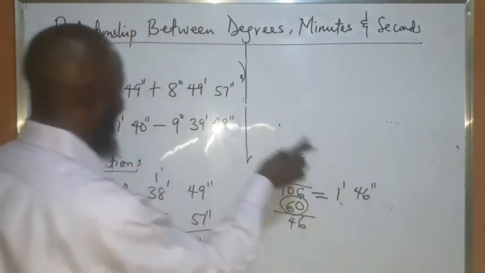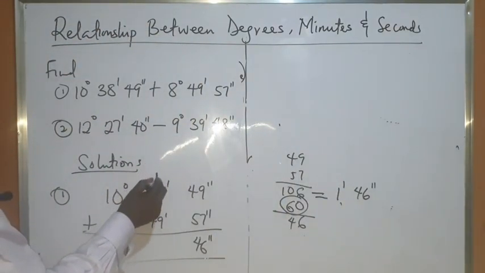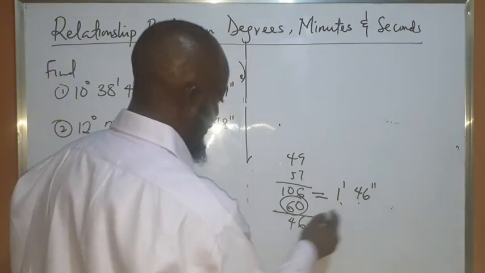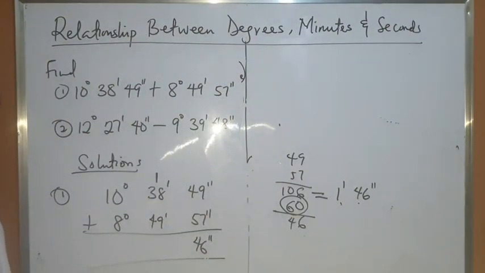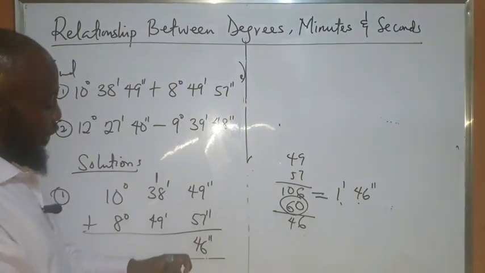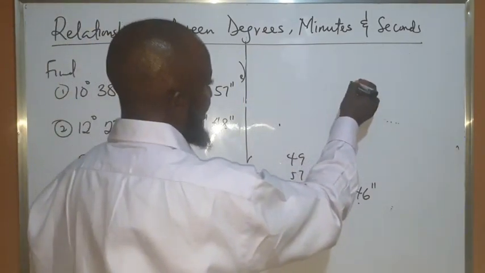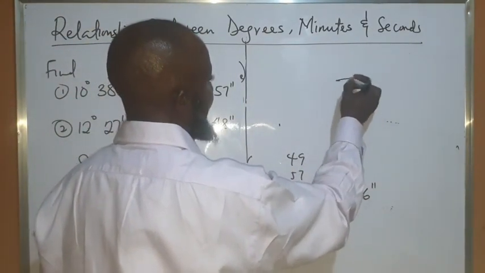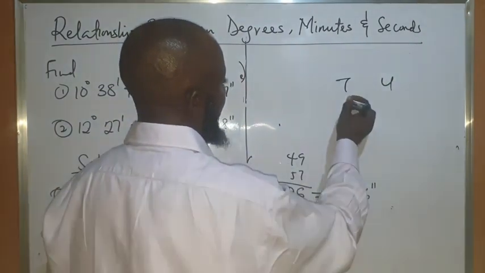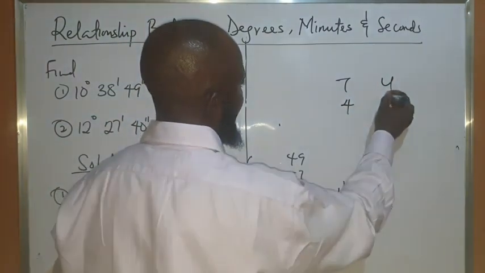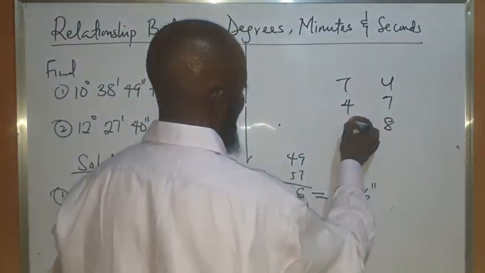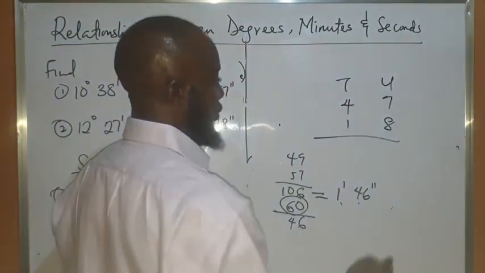So this 1 minute, take it to the minutes column. Then 46 seconds, let's leave it as 46 seconds. So we cannot write a number that is more than that place value. Just like when you are adding hundreds, tens, units, you have 4, you have 7, you have 8, you have 1. So we add these two together to give us 15.